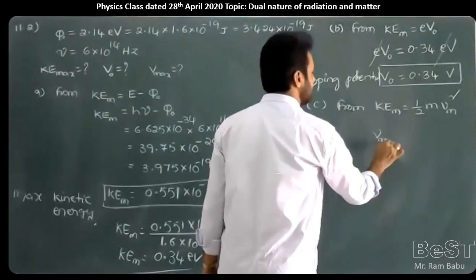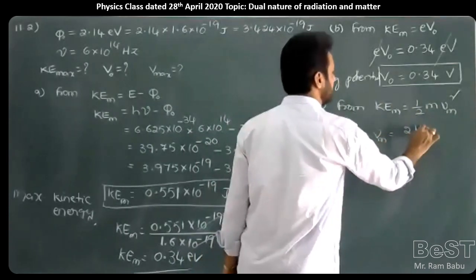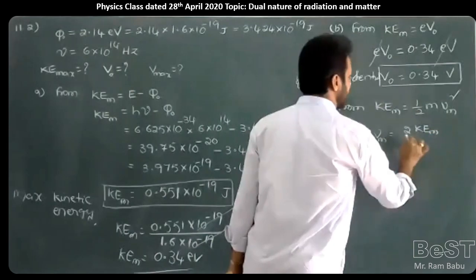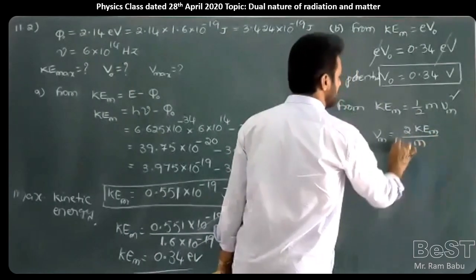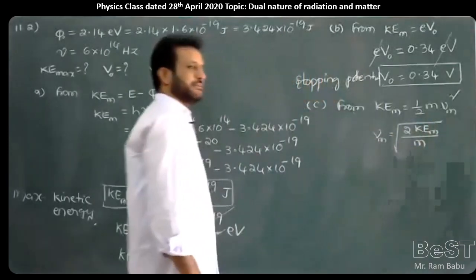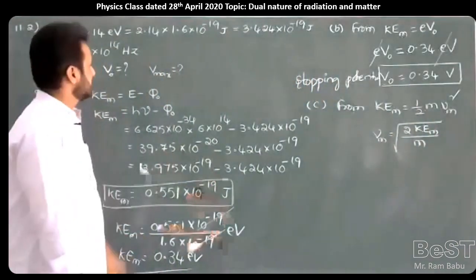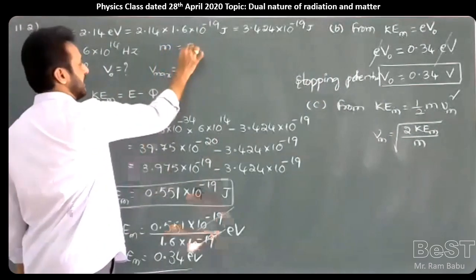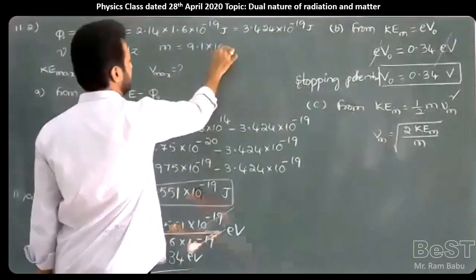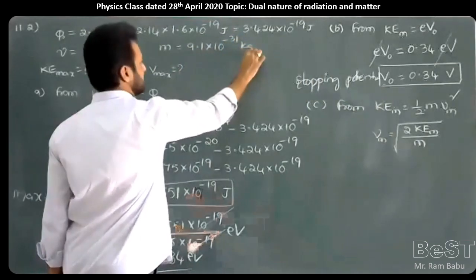So v maximum is equal to the square root of 2 into KE maximum by m. That is called the maximum speed of the photoelectrons. We know the mass of the electron, already given in the data: 9.1 into 10 to the power of minus 31 kg.